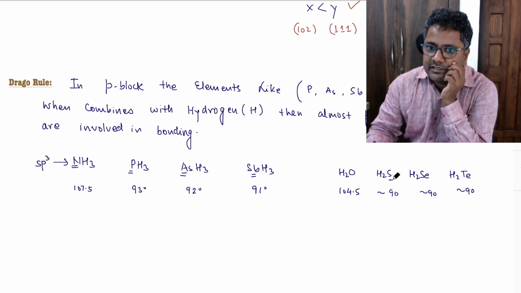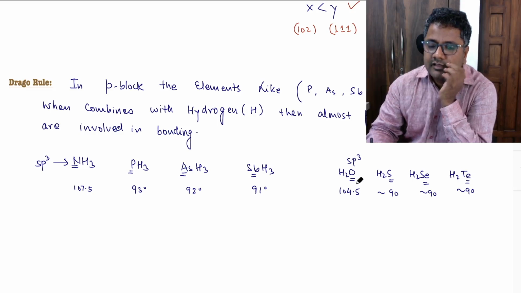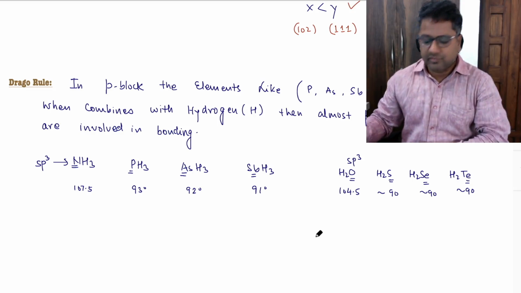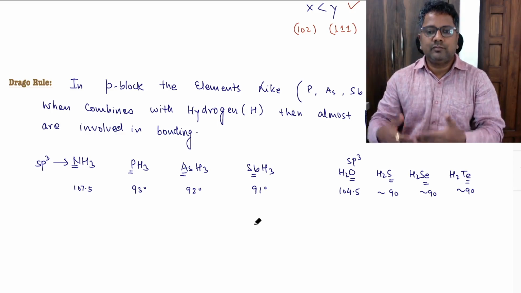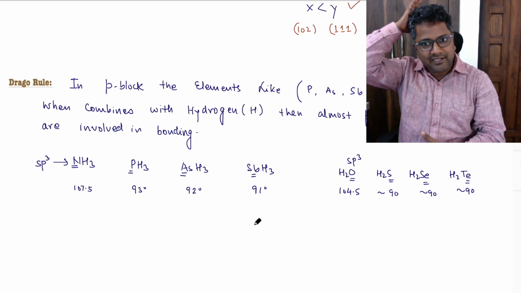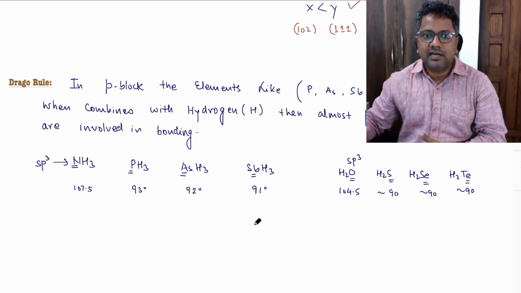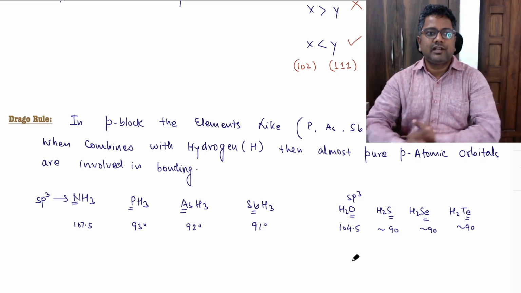So in these cases there is no hybridization, but here it is sp3, right? So this is also an observation that if you move down the group, the bond angle decreases in case of hydrides.